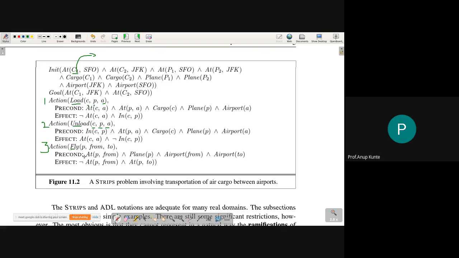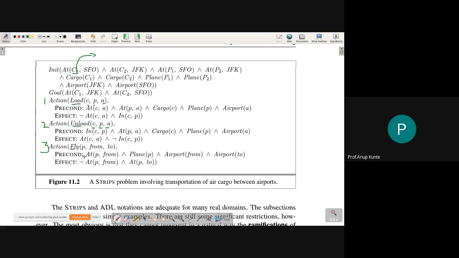Since there are atoms, I can modify them. So At(C1, JFK) is an atom, At(C2, SFO) is an atom, and they are ANDed together. And that is something like a subset of all the atoms that make up a state. Then we talk about actions, and in the name of the action itself and the parameters of the action, we are using variables.